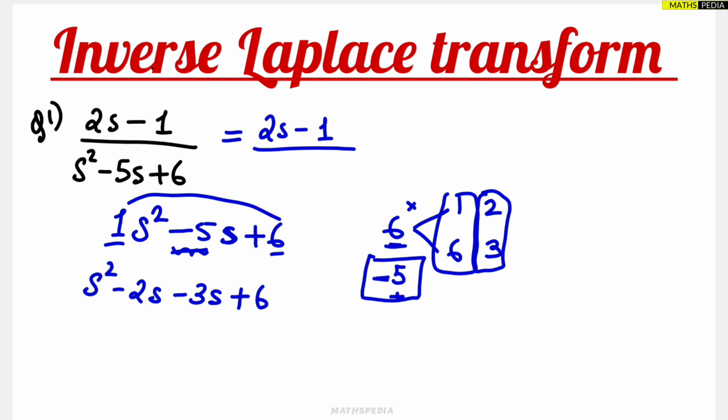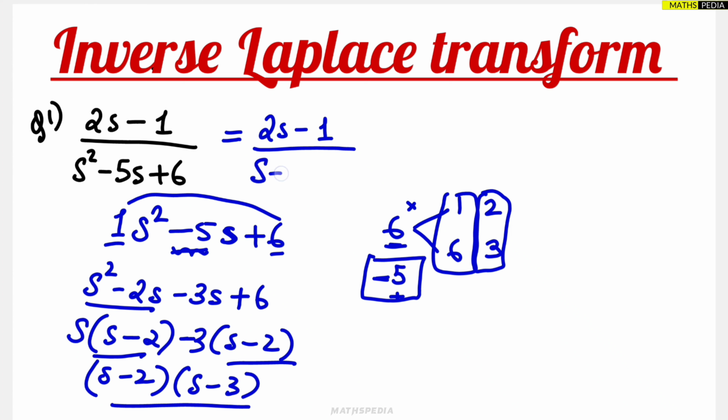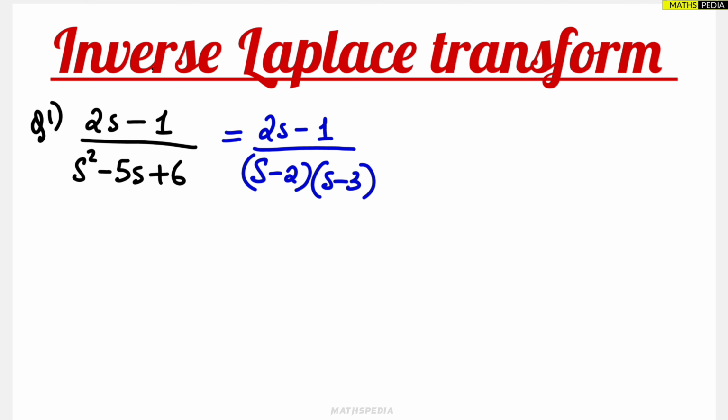So these are the linear factors we got. Now you have to copy and paste this over here, so it will be (s - 2) into (s - 3). So we have simplified the quadratic function into linear factors. After simplifying, we understand that this can be split up by the partial fraction method.